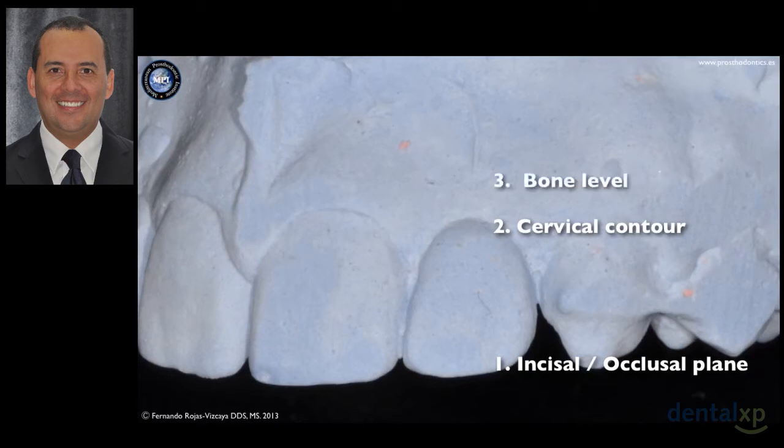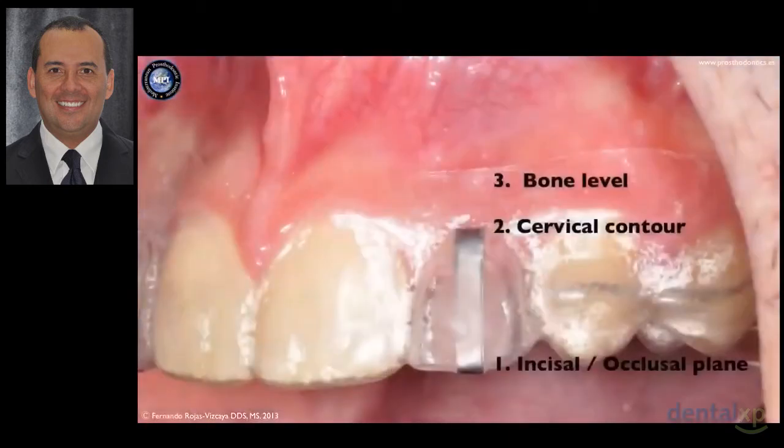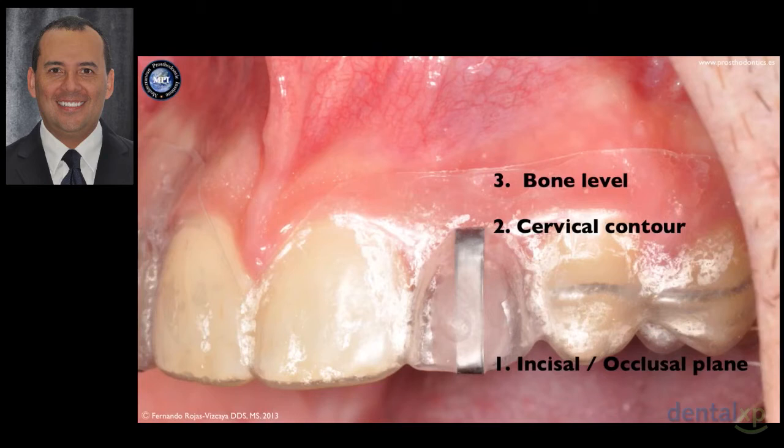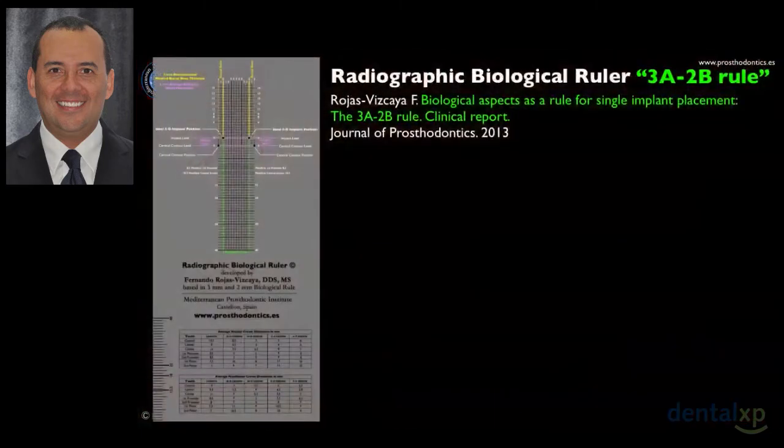So let's go and make the analysis like we make in the molar. So we fabricate our thermoplastic template, we apply any radiopaque material that can show us where is the margin of this crown. Can you see? And send the patient for the tomogram.